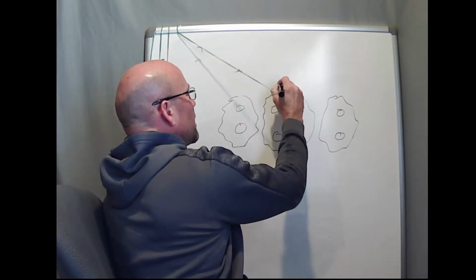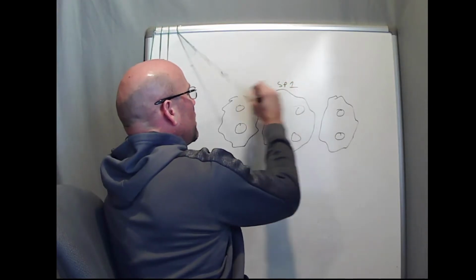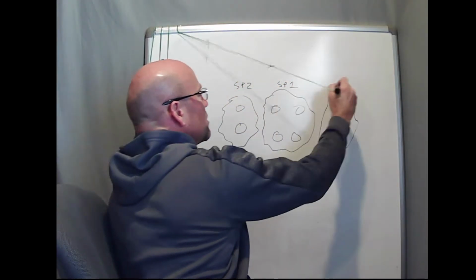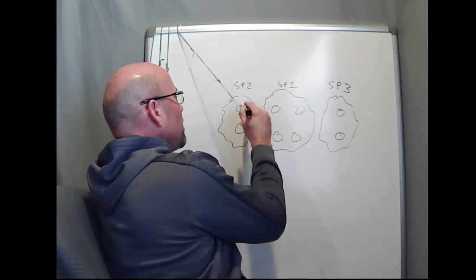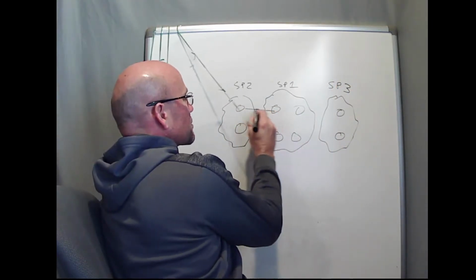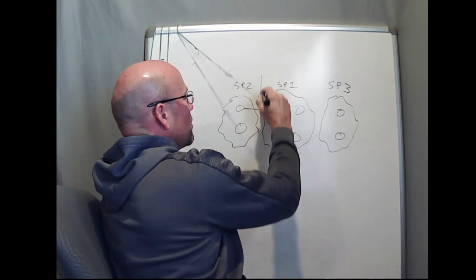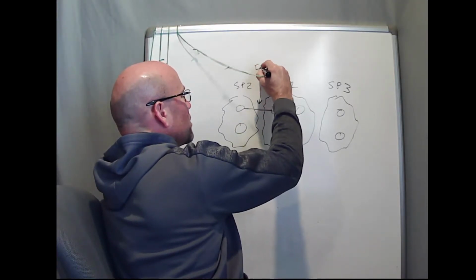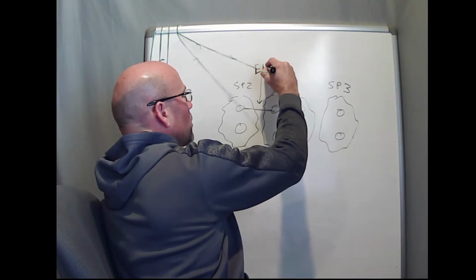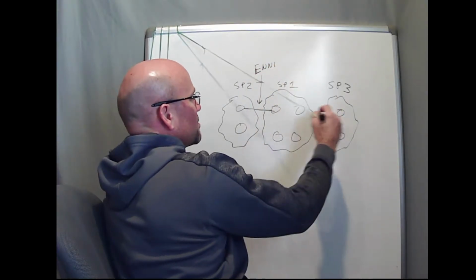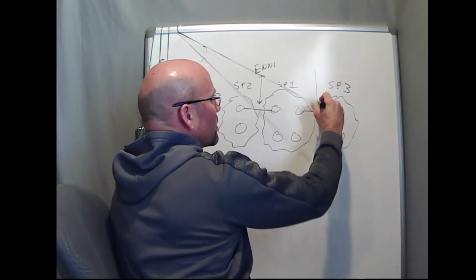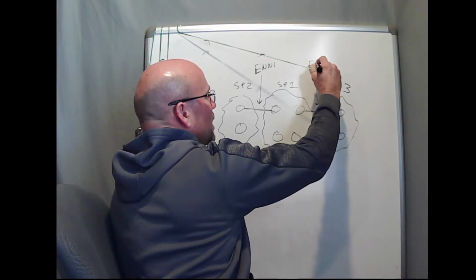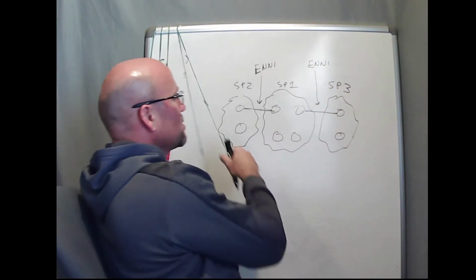Provider SP1, SP2, SP3. And when you connect to another provider, this is known as an external network to network interface. Okay? There's another one right there. An external network to network interface.